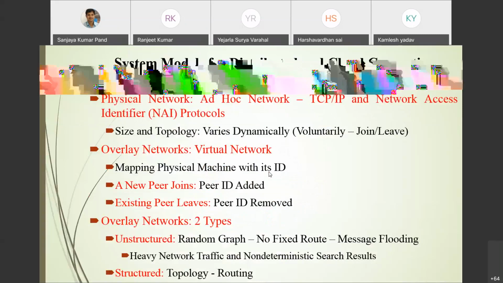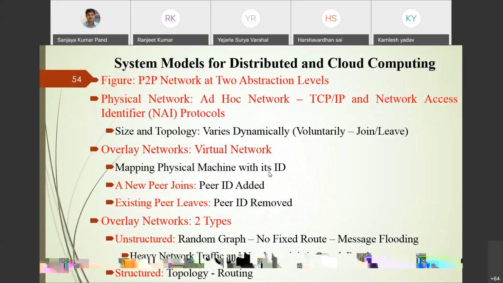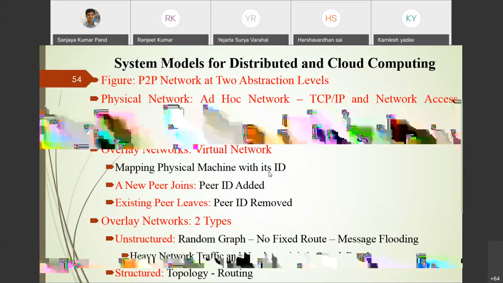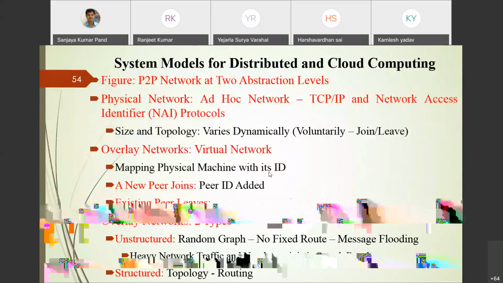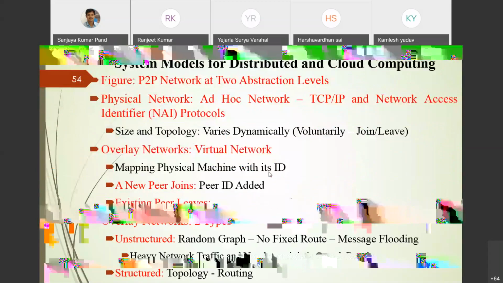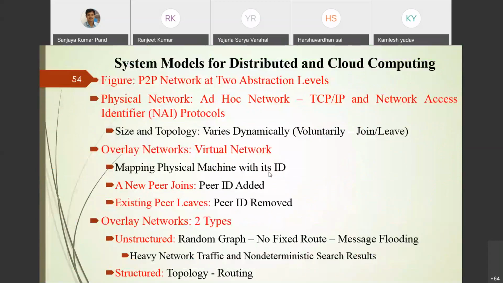The topology concept is ad hoc. The size of the network and topology is very dynamic, because anytime a node may leave, anytime a node may join. Right? The structure of the network is rapidly changing.